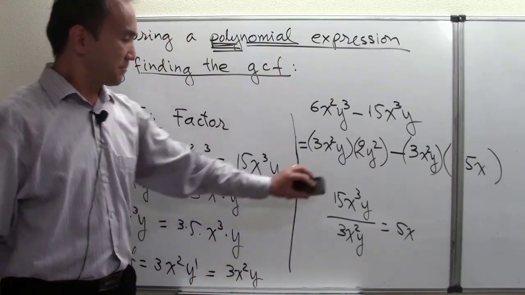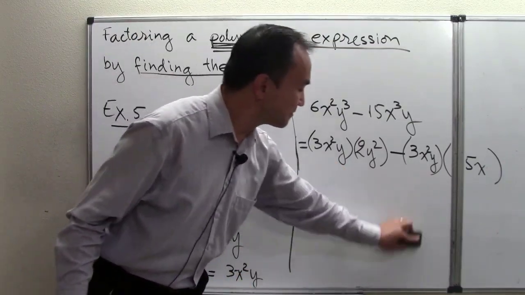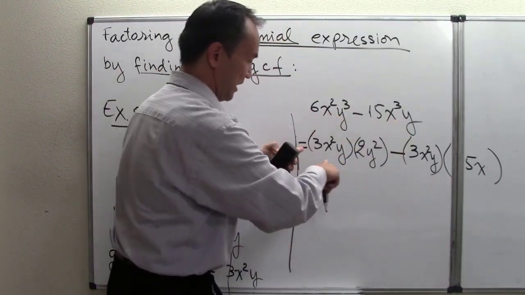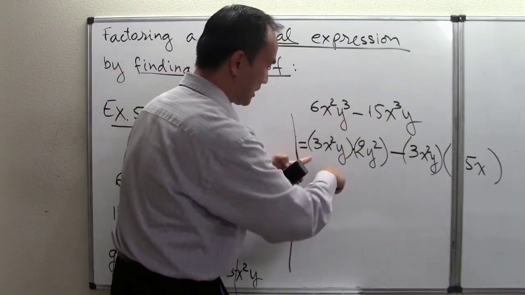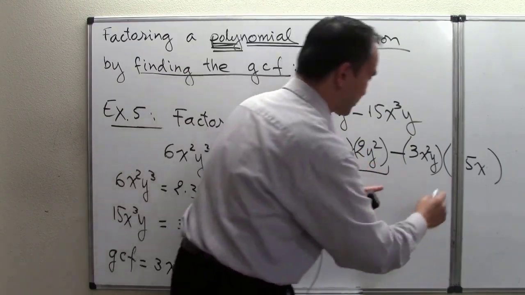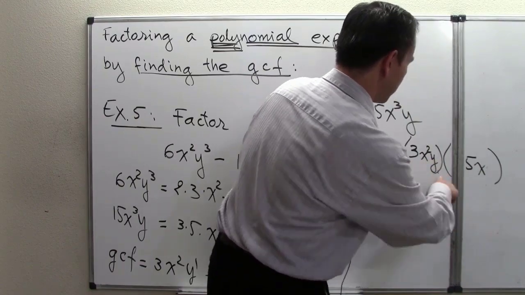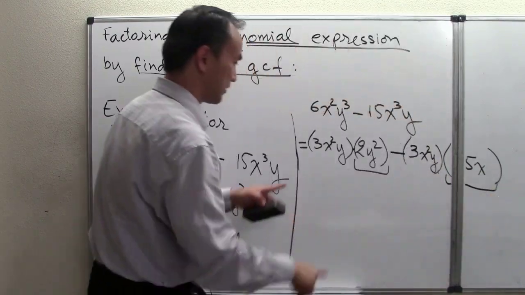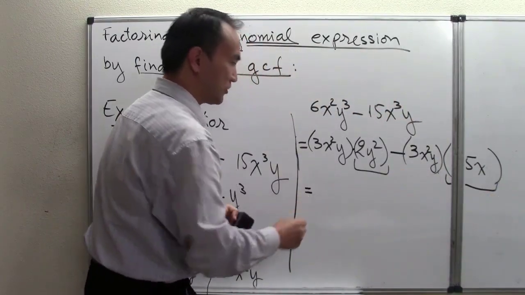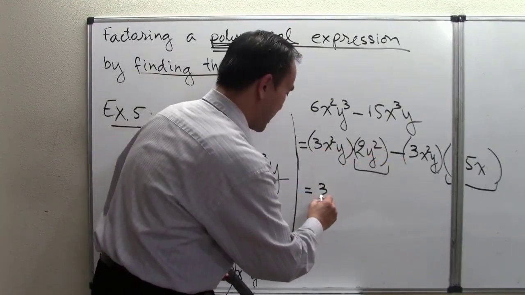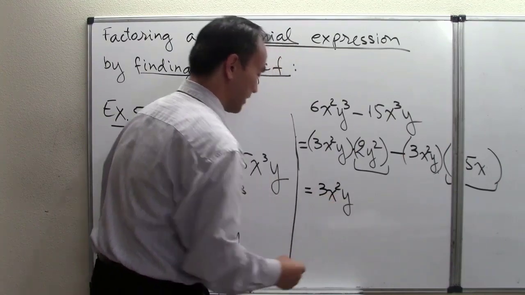All right. And so now upon re-expressing each of our terms as the products between the GCF and some remaining factor, so now with the distributive law, the distributive property, we can isolate out the 3x squared y as one factor.